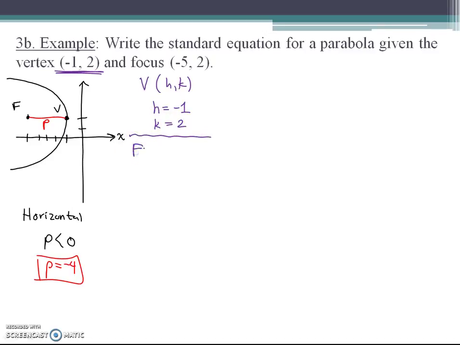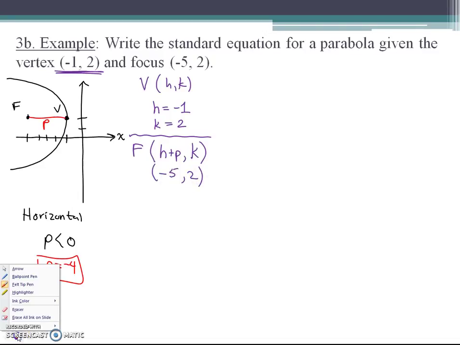The focus of a horizontal parabola is (h + p, k). The focus itself is (-5, 2). So -5 has to be the value of h + p. Set those equal to one another.